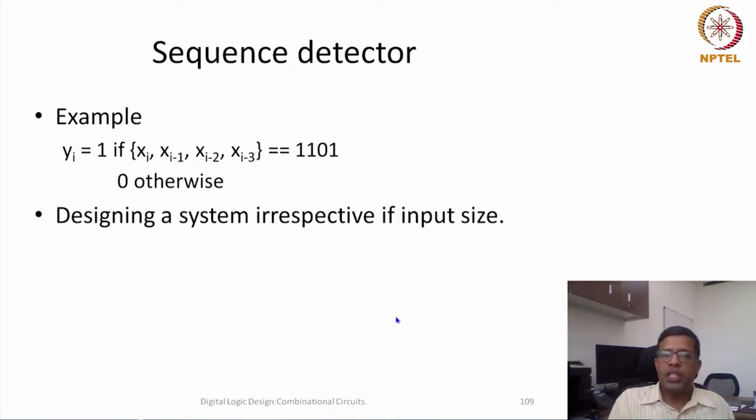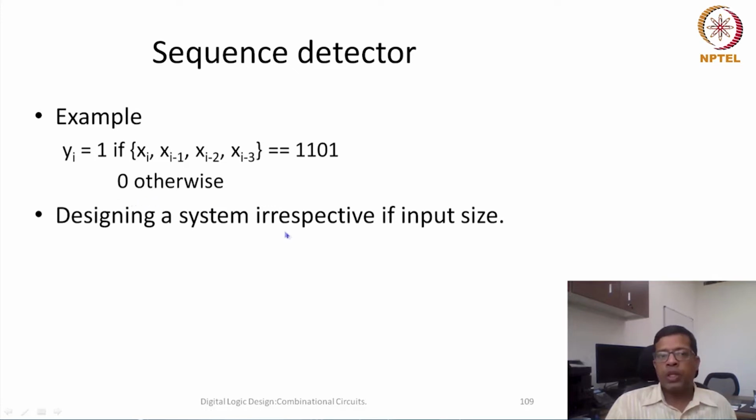Consider this example: let's say my output yi would be 1 if xi-1, xi-2, xi-3 is equal to 1 1 0 1. This is my pattern which I want to match.